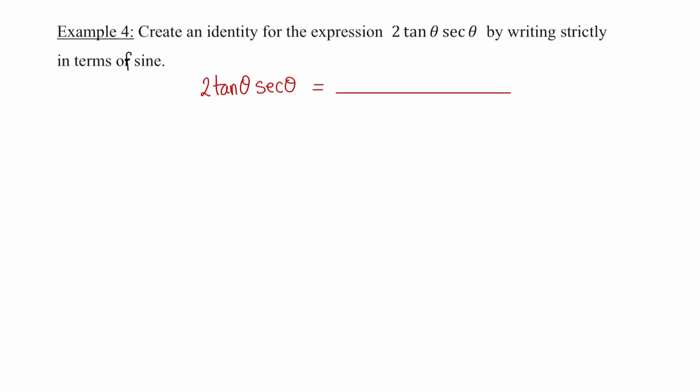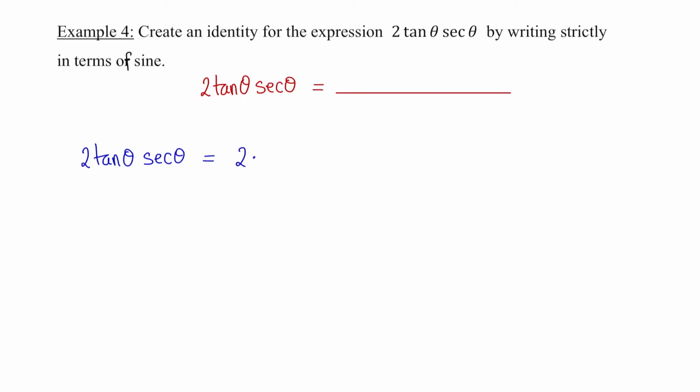Okay, so I will fill in this blank, and in this blank, I only allow to have sine, not any other trig functions. I will start with 2 tangent theta times secant theta. And I will try to rewrite tangent in terms of sine and cosine, secant also in terms of sine and cosine.